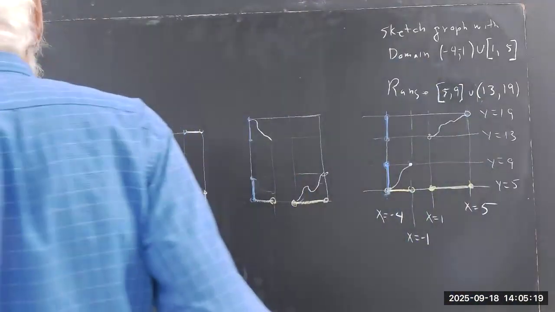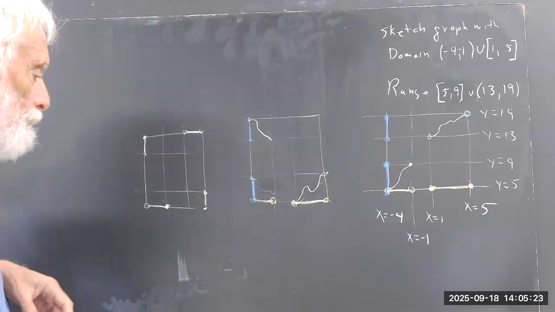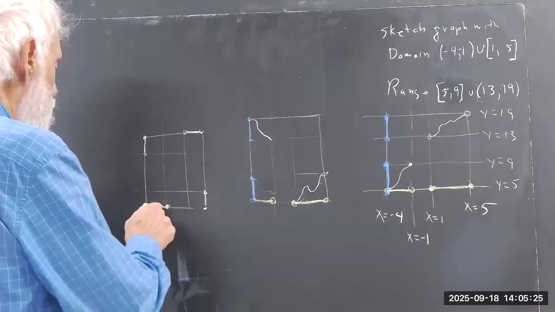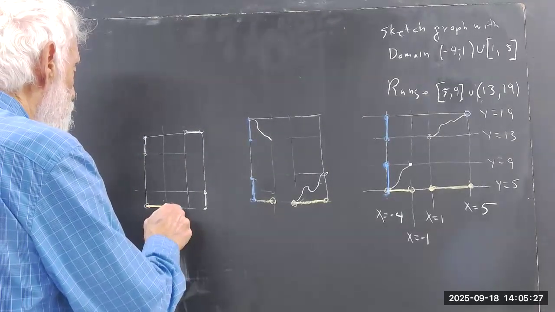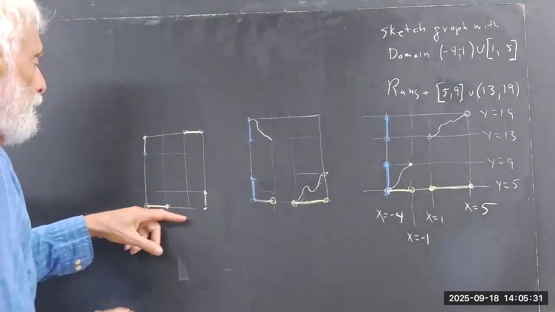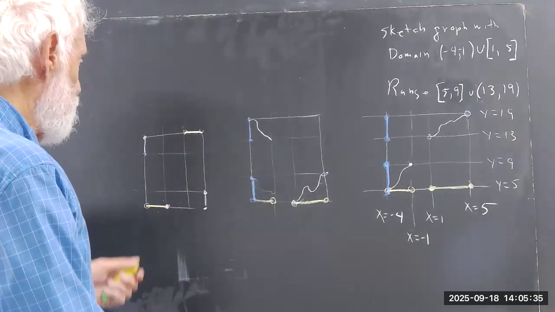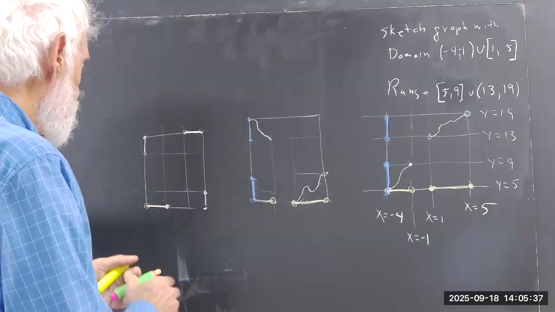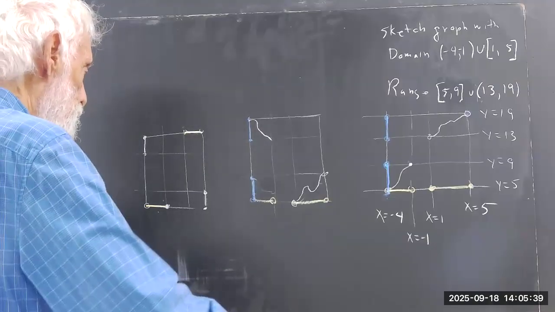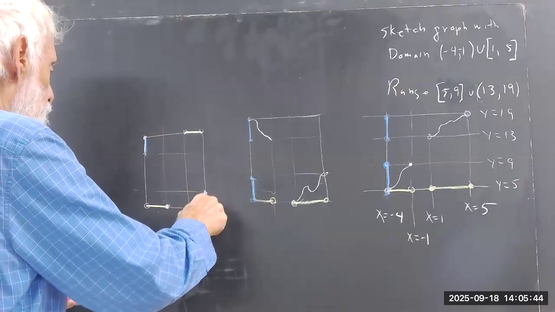Okay, after class, somebody asked, I'm including this in the video. We could have done part of the domain down here and part of the domain up here. It would still be valid, and part of the range over here and part of the range over here.